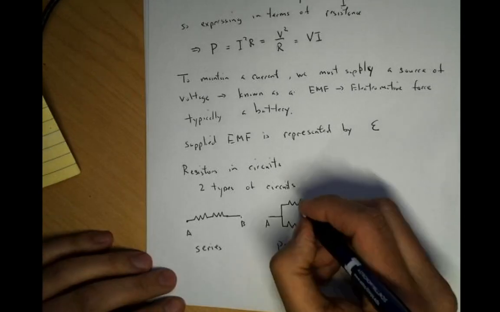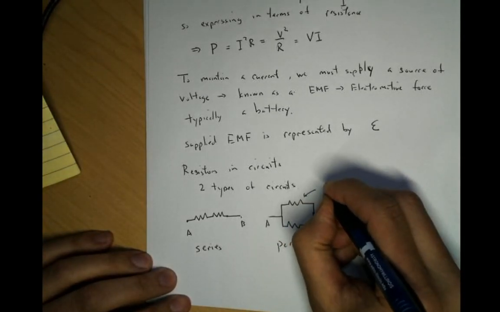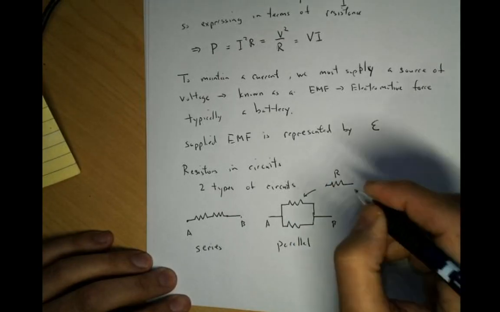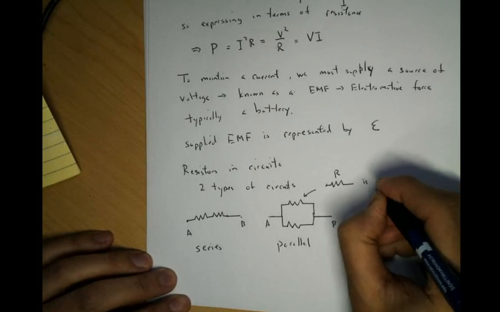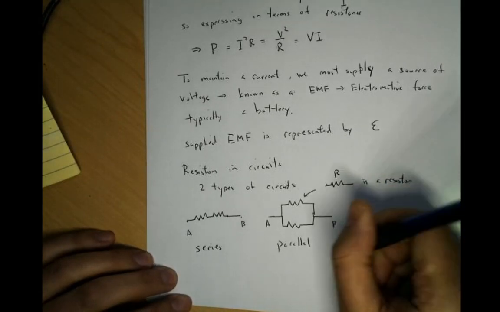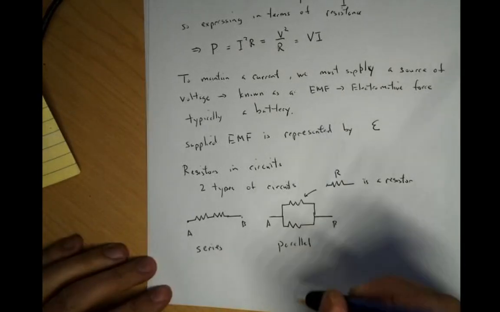And this symbol, usually with R in front of some value, is a resistor.